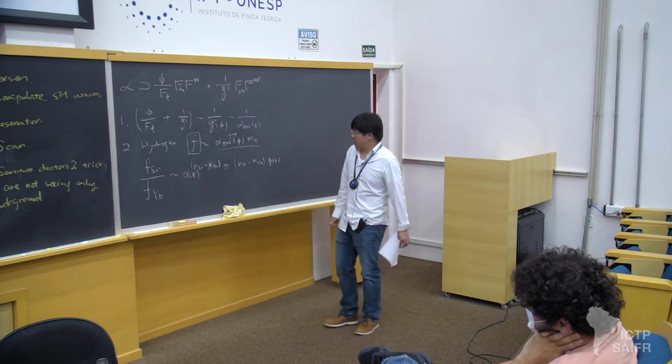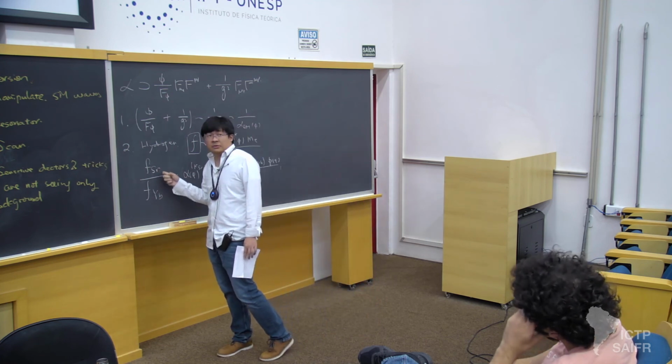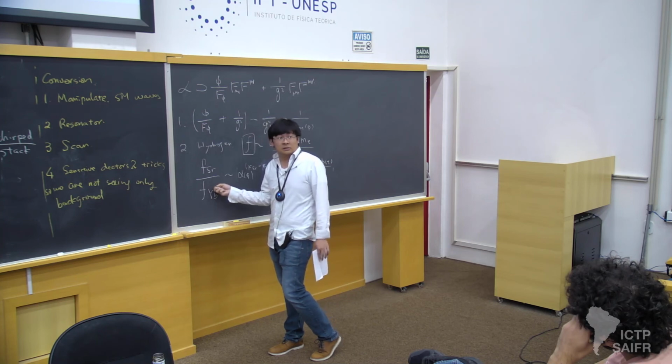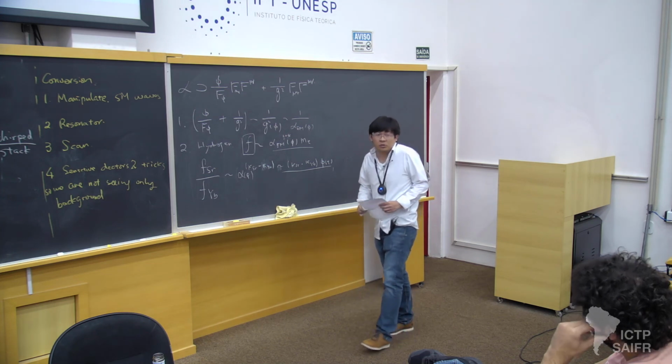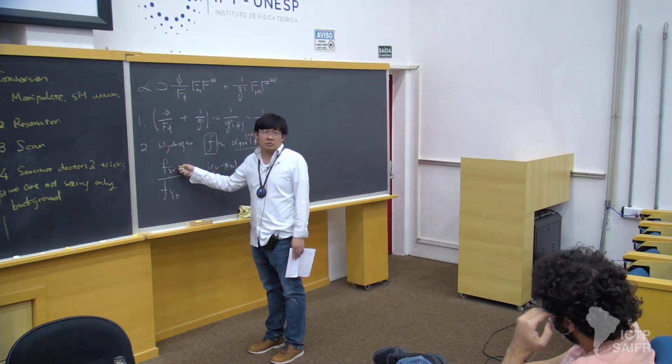So what happens now is that this ratio between the frequencies is oscillating as a function of time. Atomic clocks basically use these frequencies, or the inverse frequencies, to measure time.